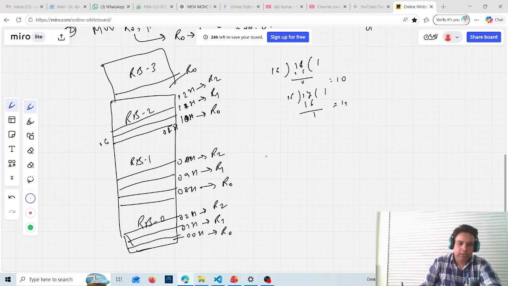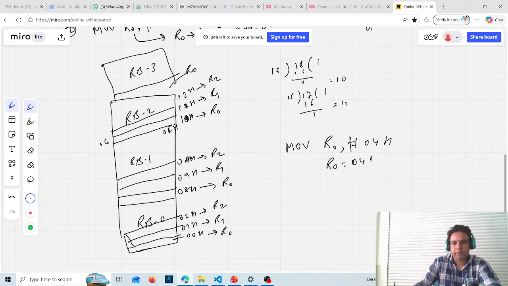Now the question is, suppose I have written here: move R0, comma, #04H. We know that this 04 will be loaded in the register R0 after execution of this instruction. Now the question is, this R0 is pointing to 00H, this R0 is also pointing to 08H, and this R0 is also pointing to 10H.